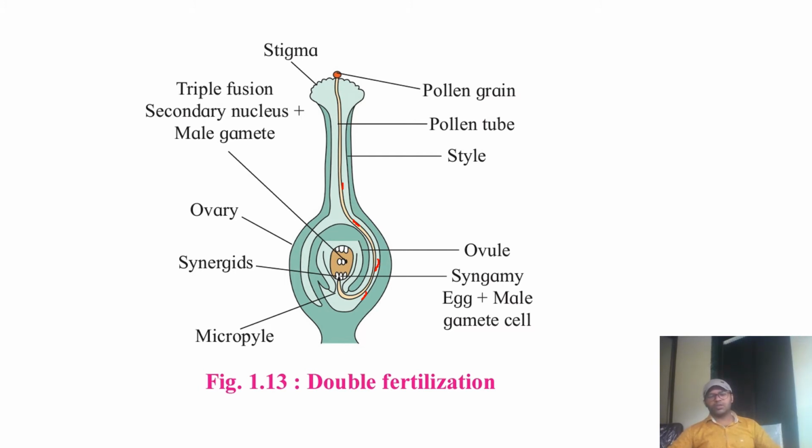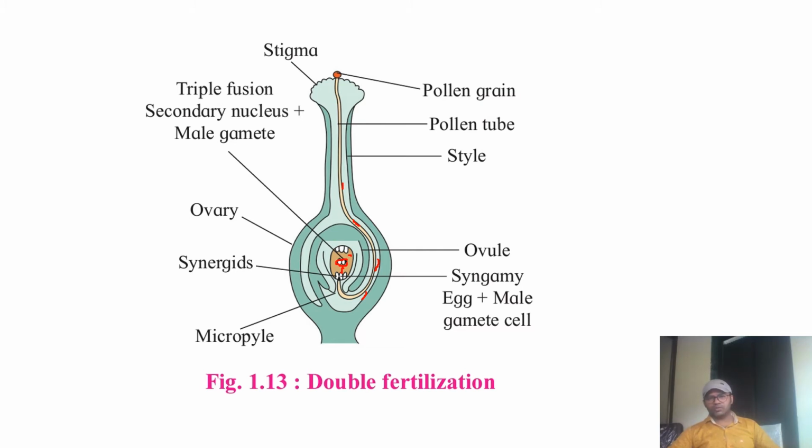Okay. So in double fertilization, after entry of the male gametes, one of the male gametes unites with the egg which is present here, this one, and another male gamete will unite or fuse with PEN, that is primary endosperm nucleus, and hence it is called double fertilization.